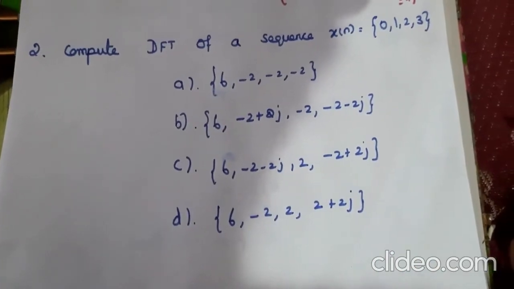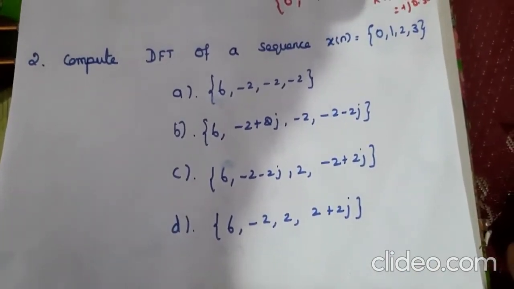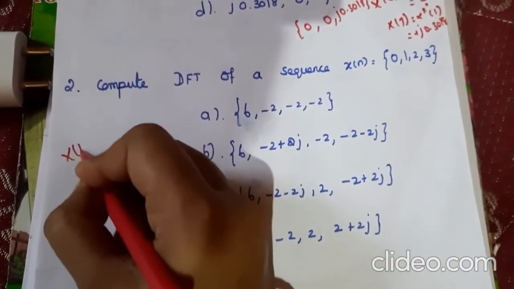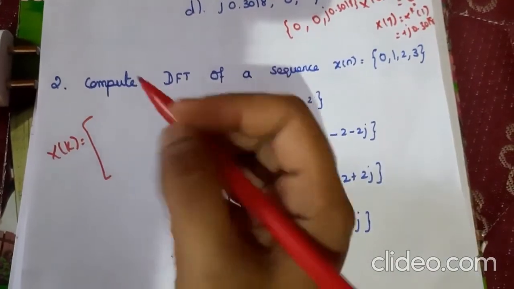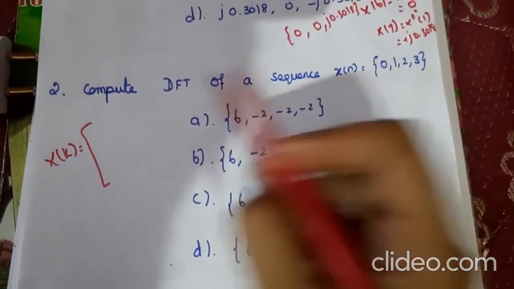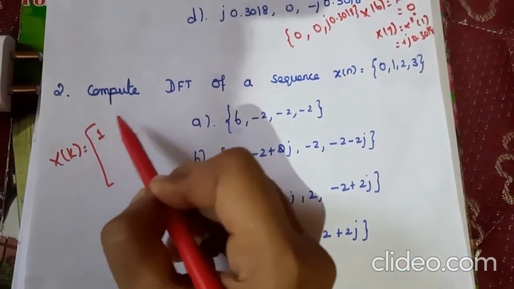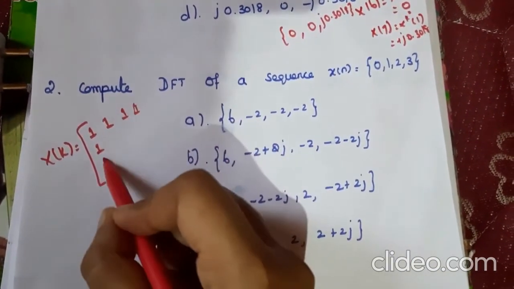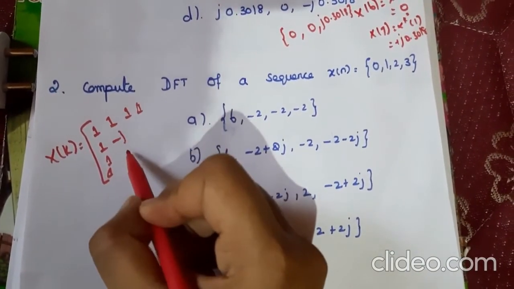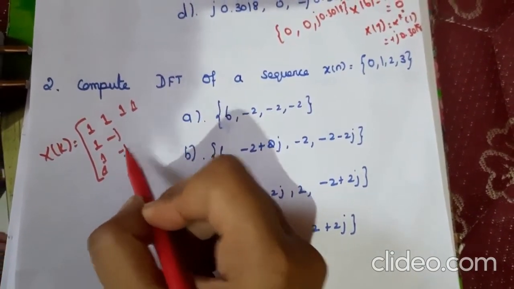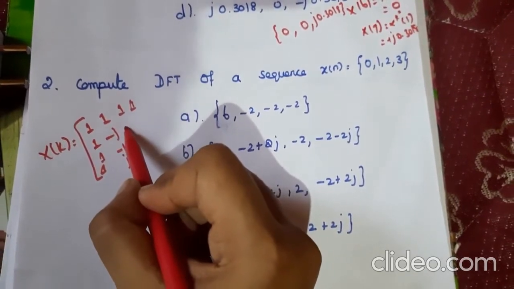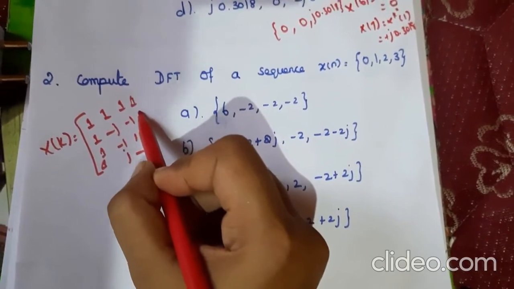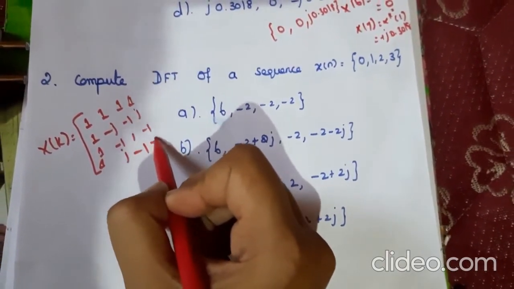Second question: compute the DFT of the sequence x of n equal to 0, 1, 2, 3. This DFT can be obtained using the formula. For the 4-point DFT, the coefficients are: first row 1, 1, 1, 1; second row 1, minus j, minus 1, j; third row 1, minus 1, 1, minus 1; and fourth row 1, j, minus 1, minus j.